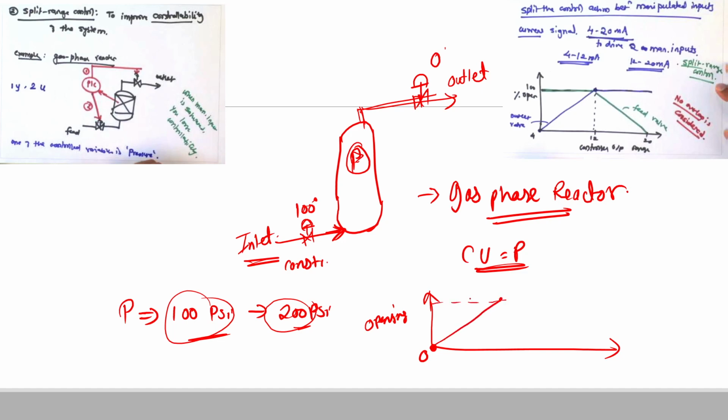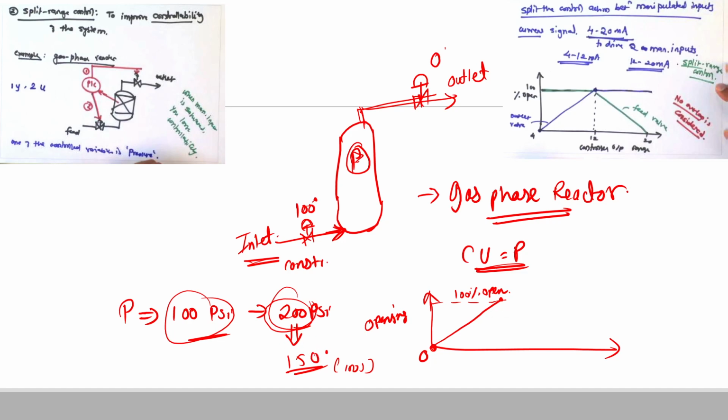So over here it becomes 100% open. Now what I observed was, even if I increase the valve opening to 100%, the pressure has not decreased to 100 psi; it has only decreased to 150 psi. However, we want it to be decreased to 100 psi. So even if I have increased this valve opening to 100%, the pressure within the system has only reached 150.